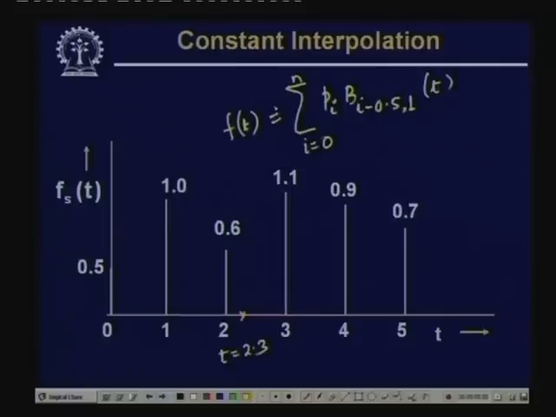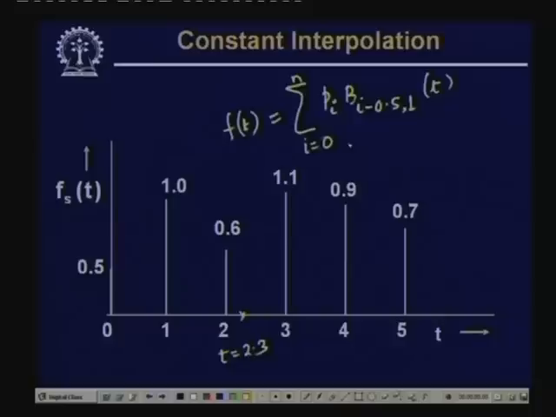So, coming to this diagram, as we have said, b minus 0.5 1 t is equal to 1 between the range minus 0.5 to plus 0.5, and beyond this range b minus 0.5 1 t will be equal to 0.